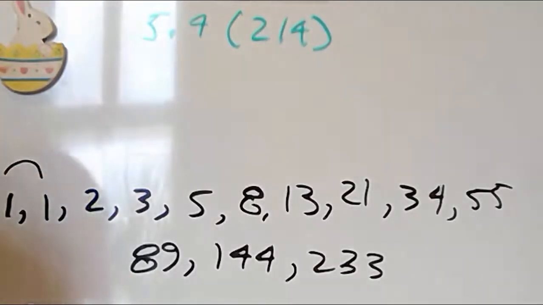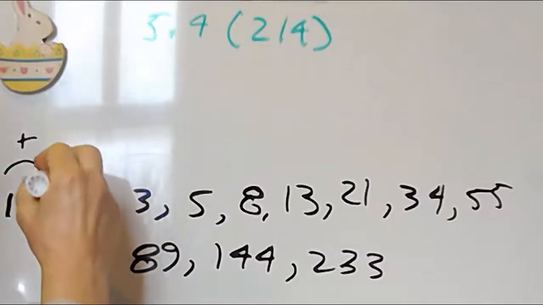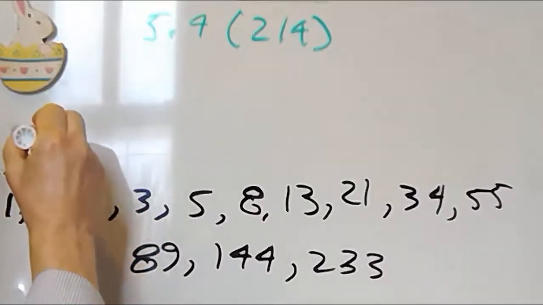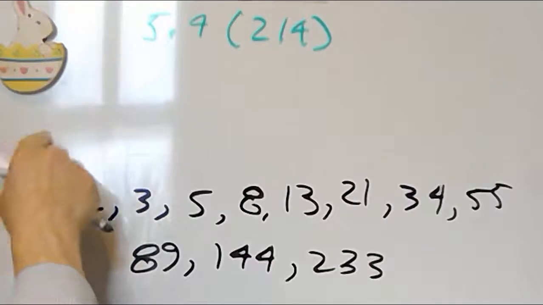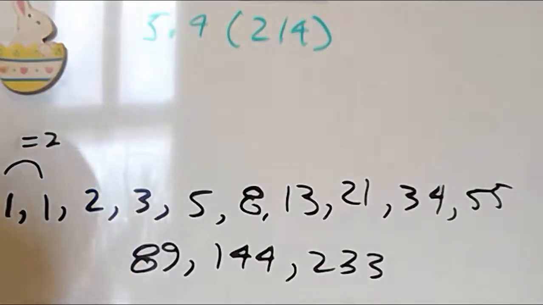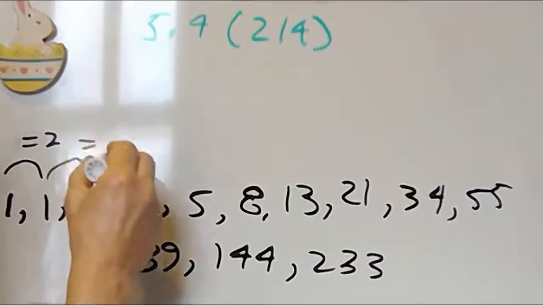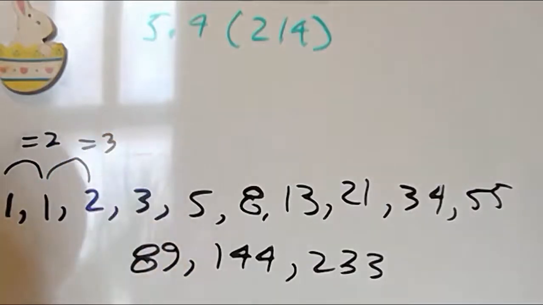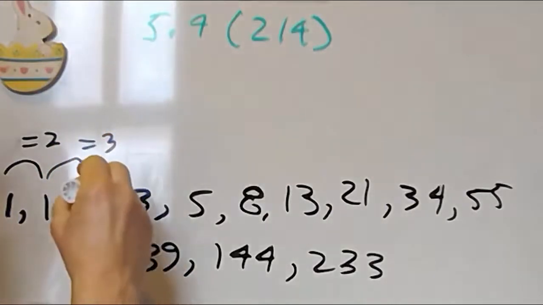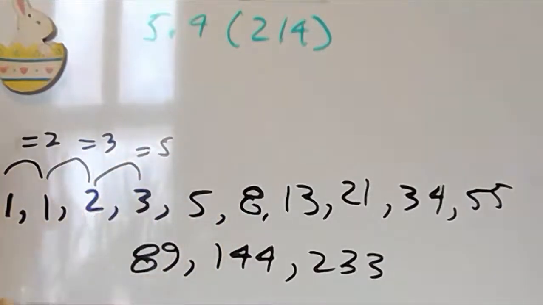Okay, and if we add those first two terms, we get the next one. So we get 2. Okay, and so that becomes the next number. And then if we take these two terms and we add them together, we get 3, and that's our next number. And then if we add these two together, we get 5, and that's our next number.